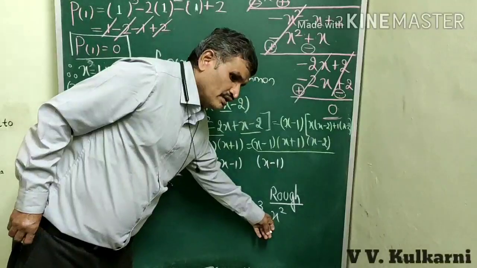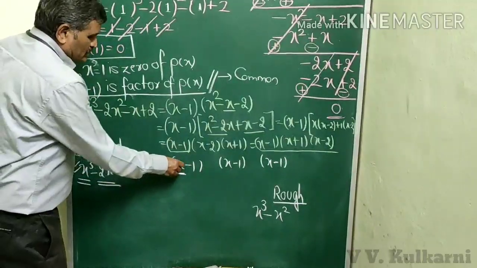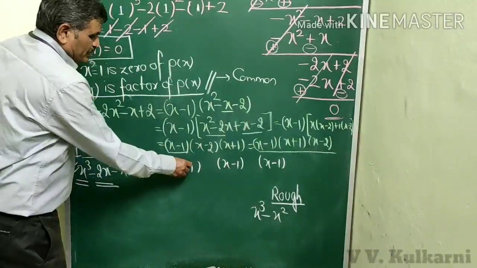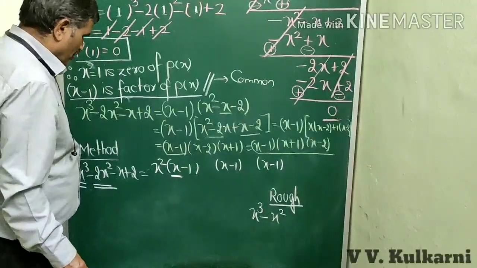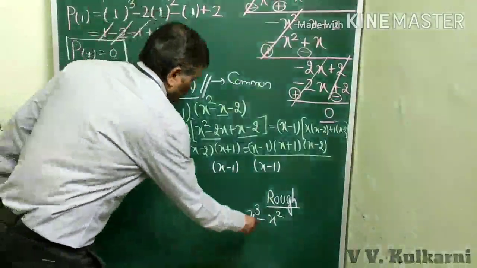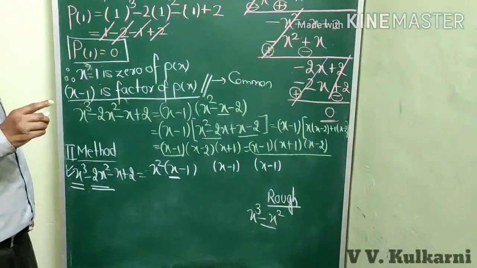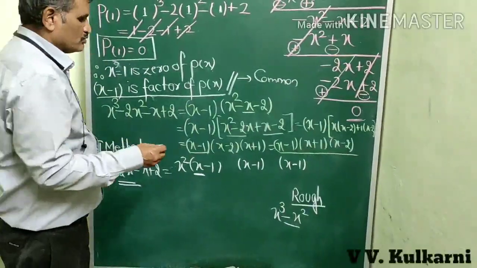You are having only minus 1x square, because x square into x is x cube, plus of minus is minus, so 1x square. Now you need to have minus 2x square, out of which you are having 1x square. That means you need one more x square. So how to get that one more minus x square?